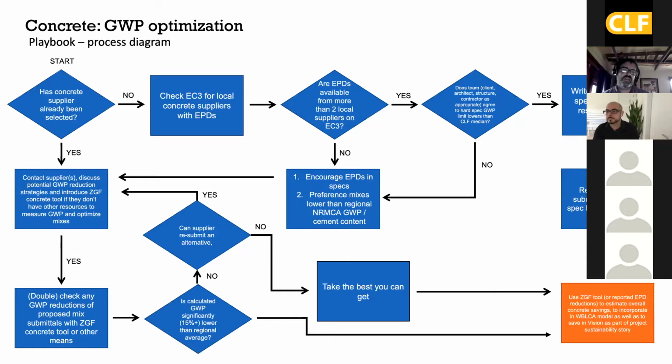We're looking at projects on both coasts, but also in the middle of the country. Areas like Seattle and San Francisco are arguably leading the country in terms of cement and concrete suppliers, and other locations have a little catching up to do. So we really have to tailor our process based on what's available.